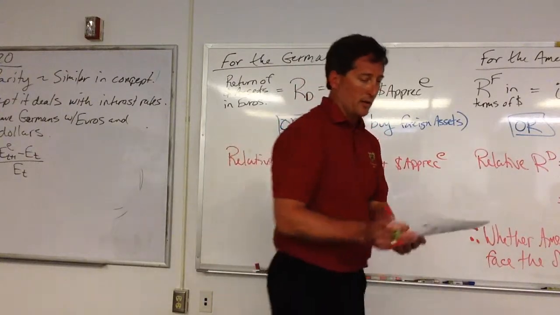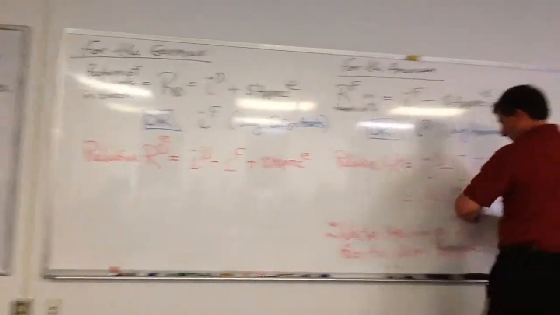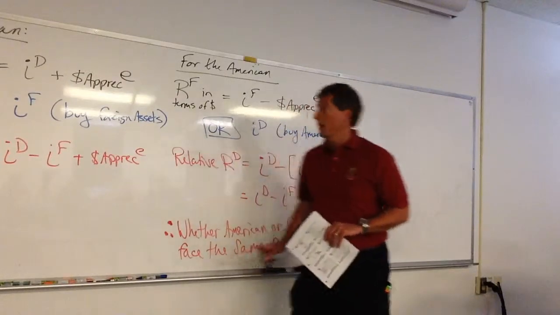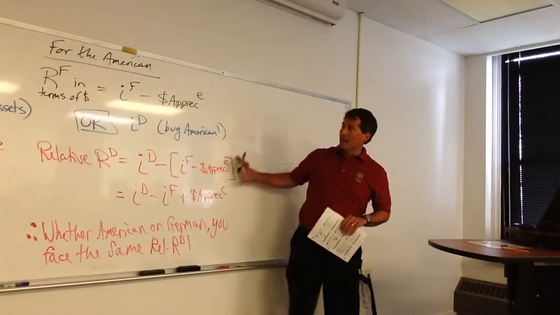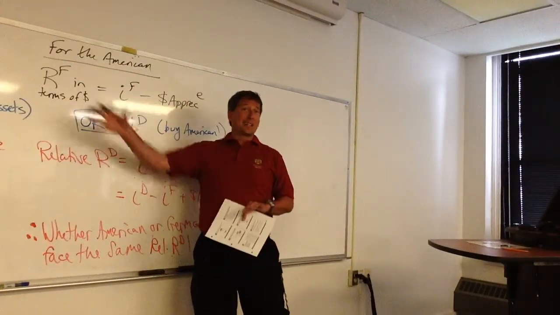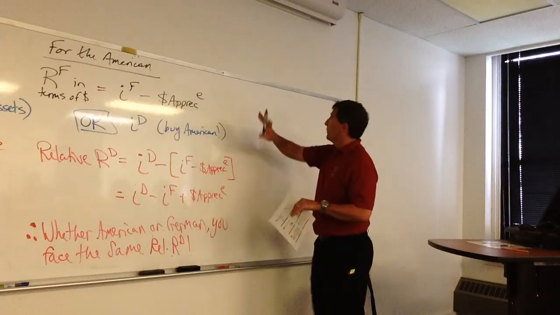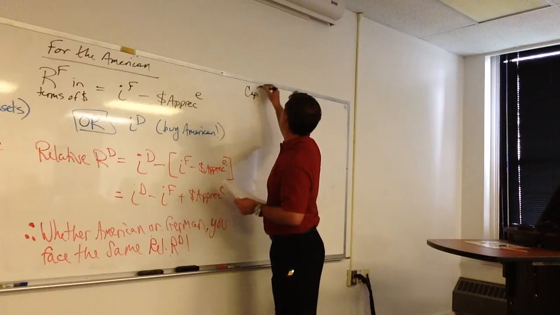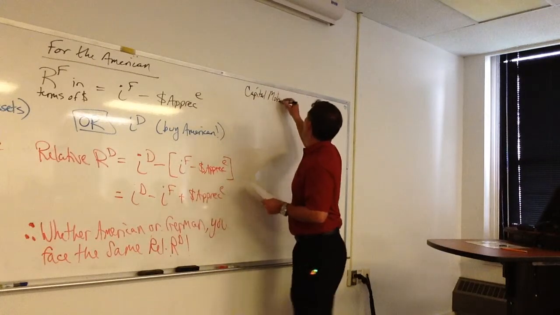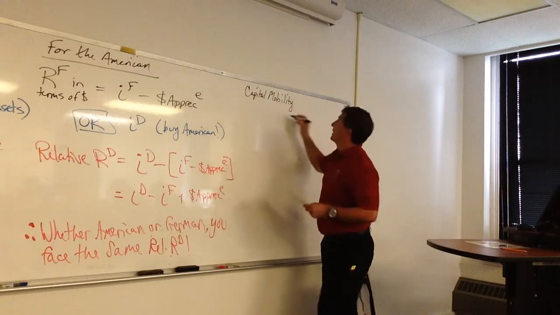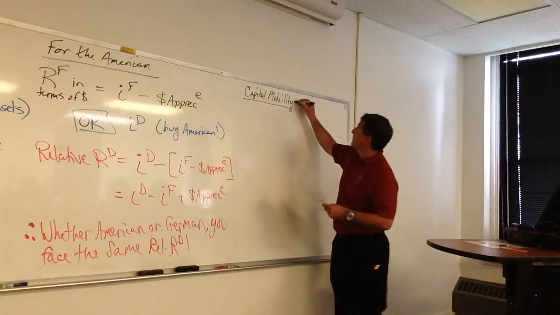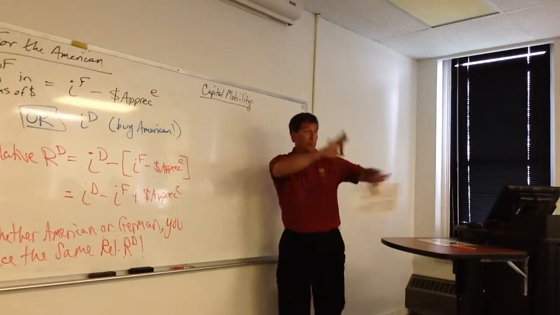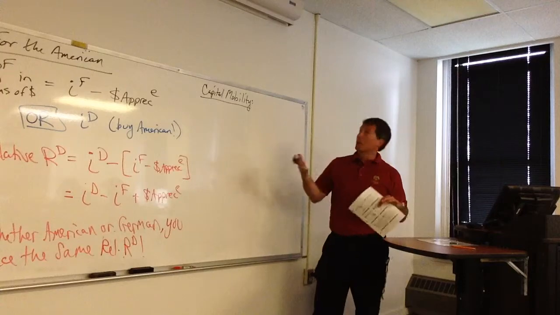I want to get one last thing in here before we wrap up. We've got 2 minutes left. So that's the key thing with interest rate parity, and one of the reasons we get this, the last thing I want to put up, is capital mobility. For economists, if we have resources being able to be moved around, that increases efficiency.